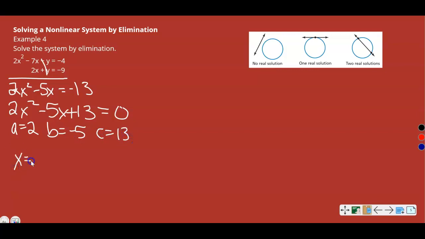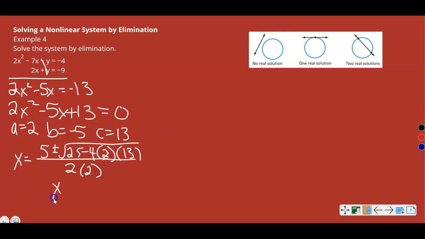So I'm going to have x equals negative B, negative 5 is 5, plus or minus the square root of B squared, negative 5 squared is 25, minus 4 times A times C, and all of that is over 2A. So x equals 5 plus or minus.